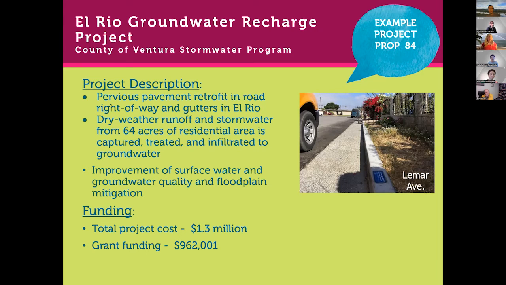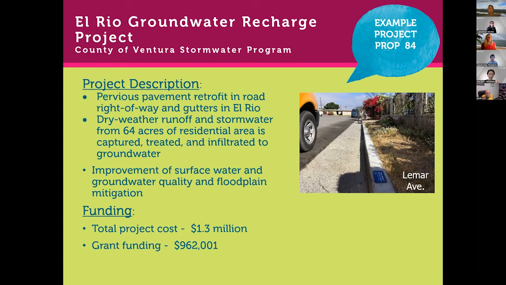There was a lot of localized flooding in the community of El Rio, and the county stormwater program identified an opportunity to install pervious pavement in the curb and gutter areas to both capture that extra water flowing during storms, but it also provides a sort of natural treatment process, and that water then infiltrates into the groundwater, so that actually enhances the groundwater supply and, if you will, cleans the water as it's going down.